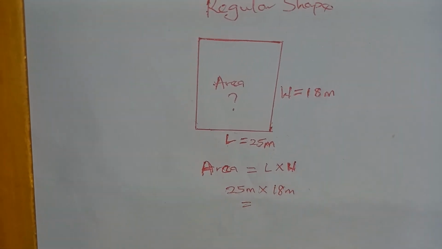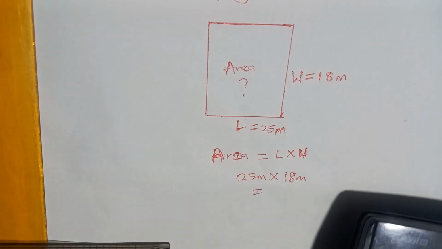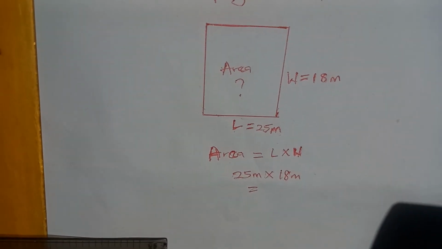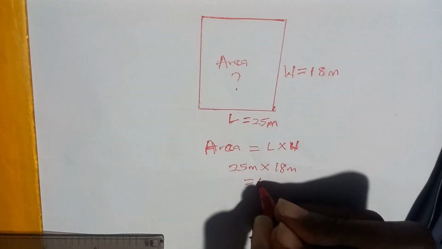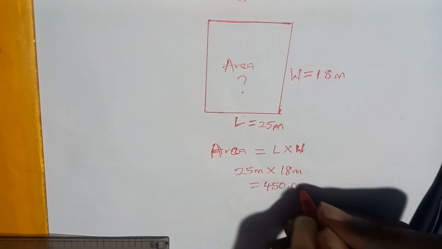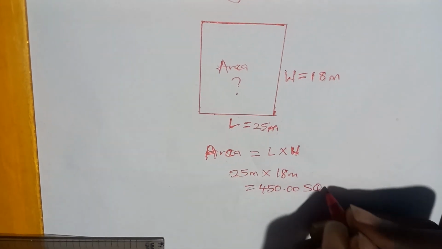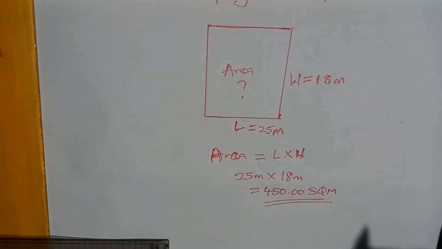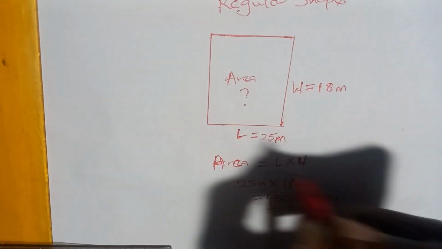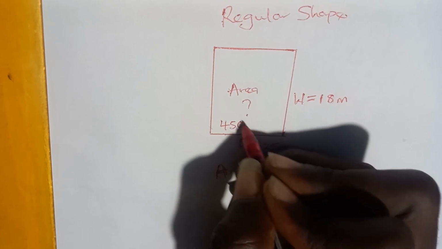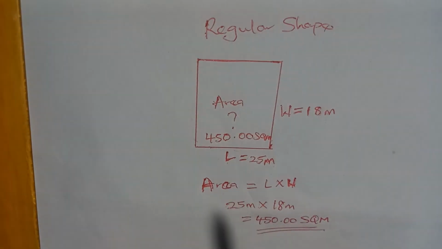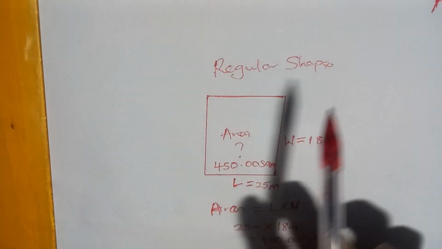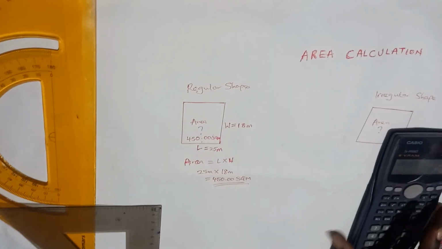From my calculator, 25 multiplied by 18, I have 450.00 SQM, square meter. So we have 450.00 SQM as the area of this boundary, because it's a regular shape.